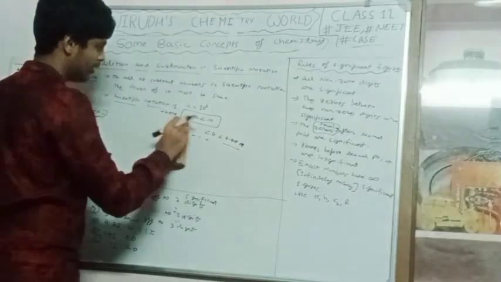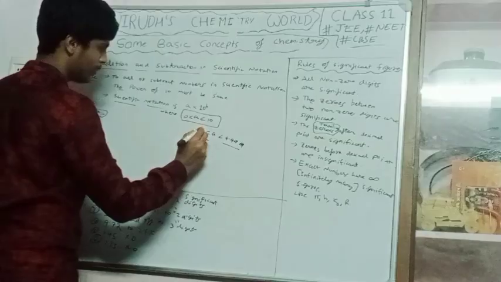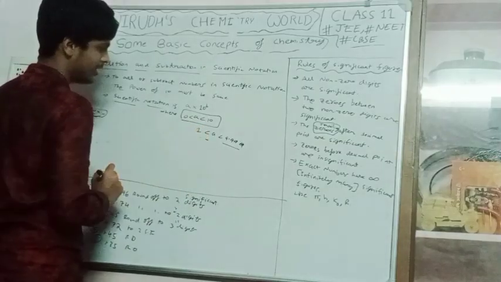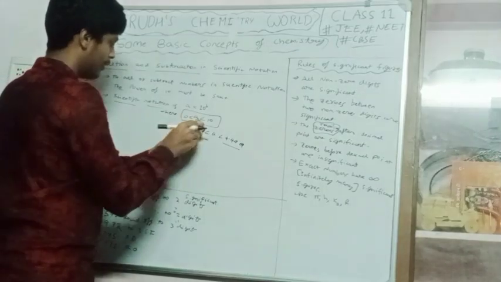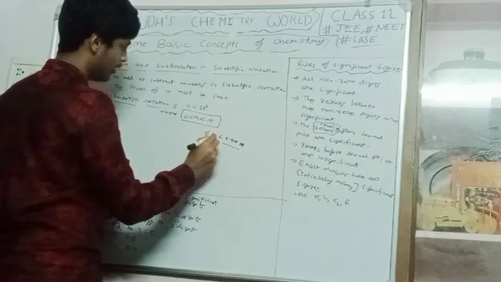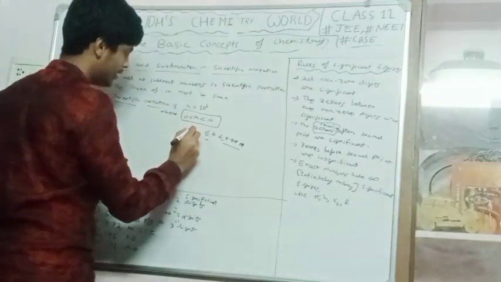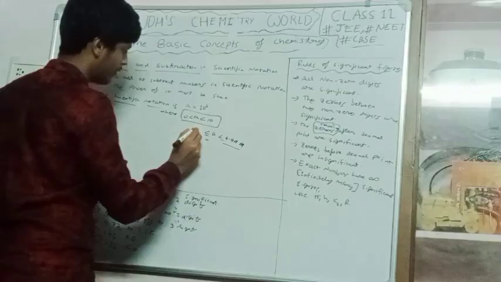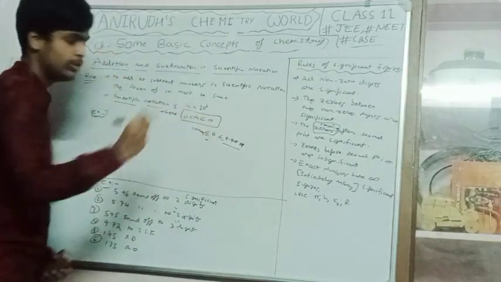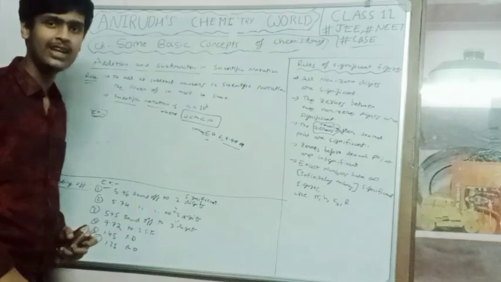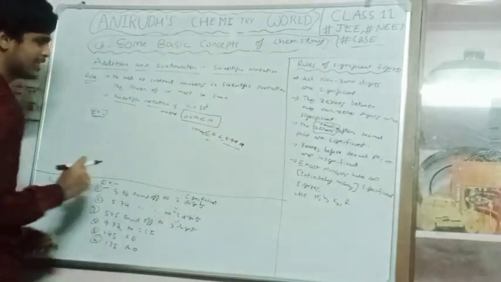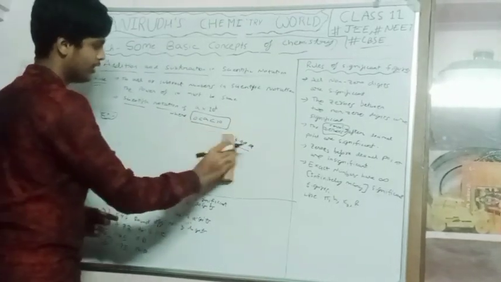Not 0, also not 0.1. You do not need to remember it like this; always the A should lie between 0 and 10.